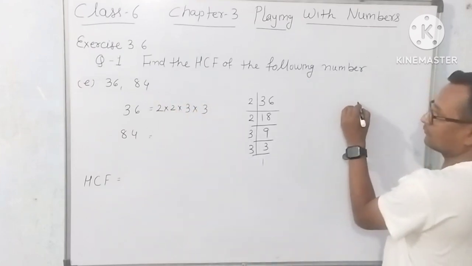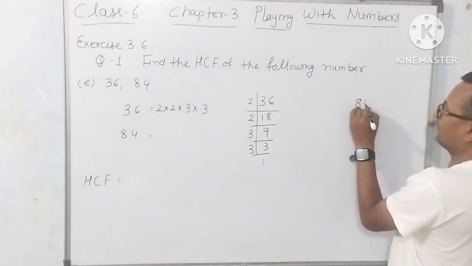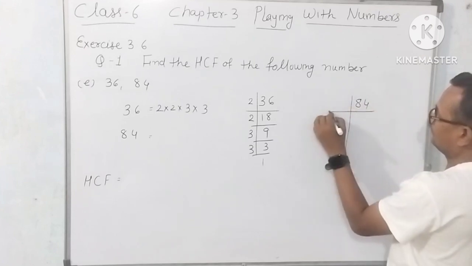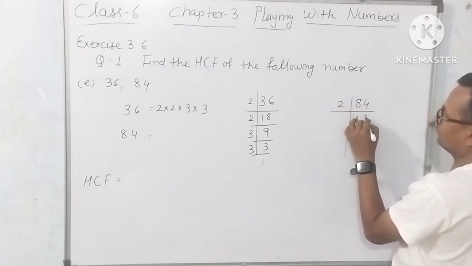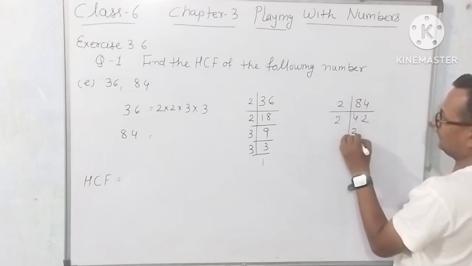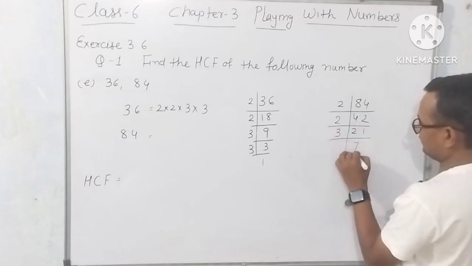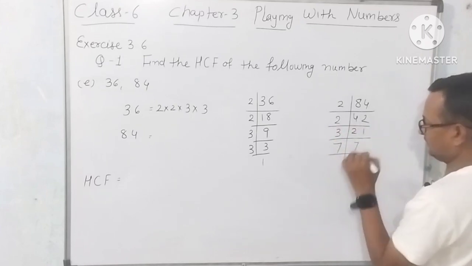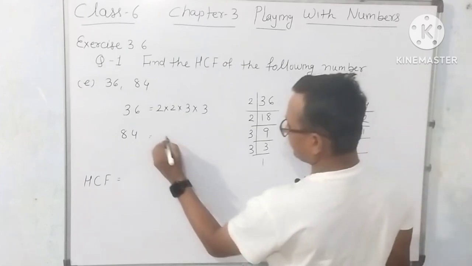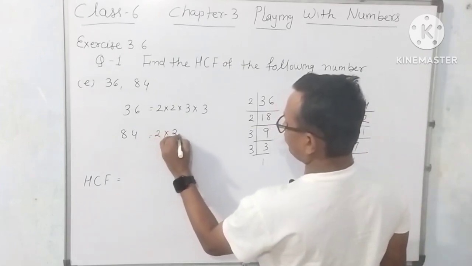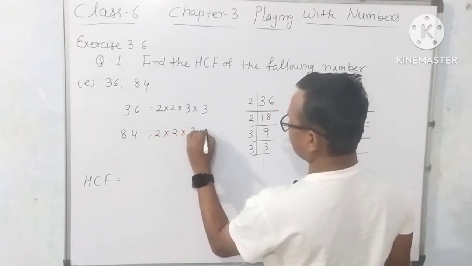Again we find the prime factorization of 84. So 2 4s are 8, 2 2s are 4, 2 2s are 4, 2 1s are 2, 3 7s are 21, 7 1s are 7. So you can write 2 into 2 into 3 into 7.